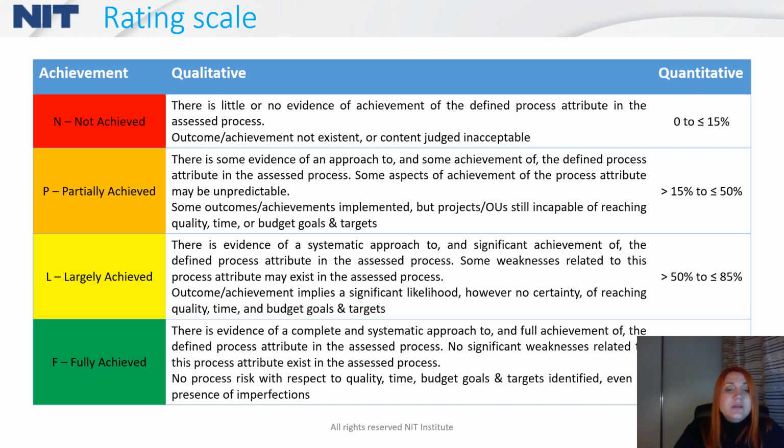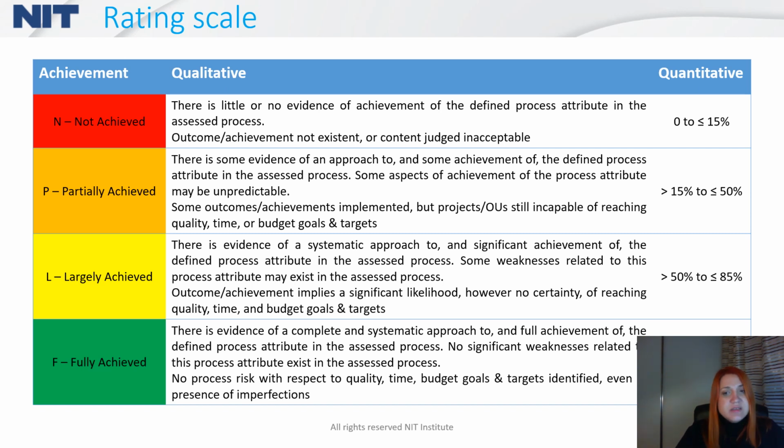Then we can say that some outcomes, achievements are implemented, but a project, business unit, maybe even the whole organization, is still incapable of reaching quality in time or budget. Then we have the next rating, largely achieved. Largely achieved means that you will reach a percentage of 50 till 85%. There is evidence of a systematic approach and significant achievement of the defined process attribute in the assessed process.